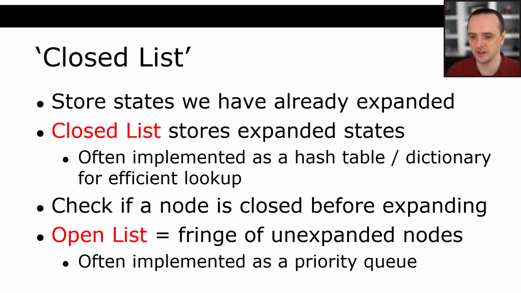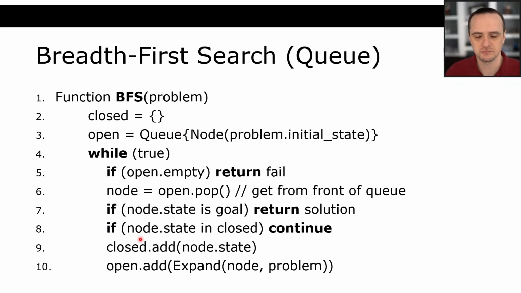The open list is a fringe of unexpanded nodes, usually implemented as a priority queue, or in the case of BFS, just a queue. Then the closed list is the states that have already been popped out of the open list. Okay?